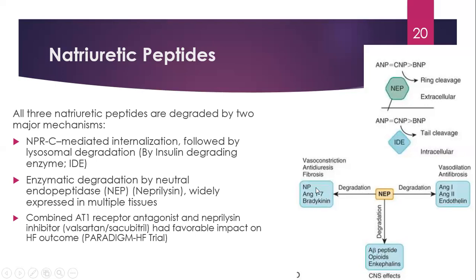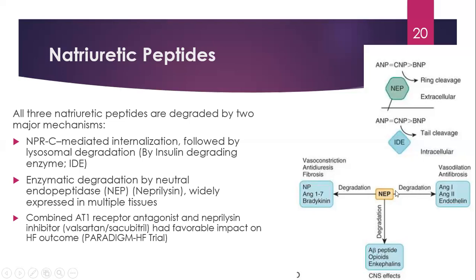When they degrade bradykinin and the natriuretic peptide, you would have vasoconstriction, because ordinarily these molecules produce vasodilatation, diuresis, and they prevent fibrosis. So when they are degraded by neutral endopeptidase or neprilysin, then you get this deleterious effect, okay?